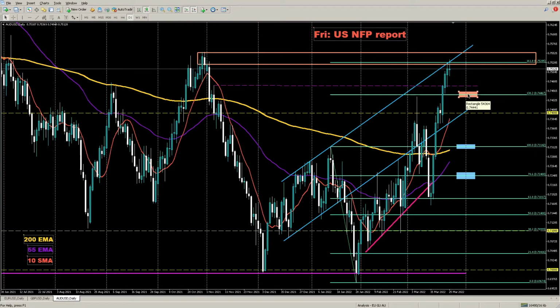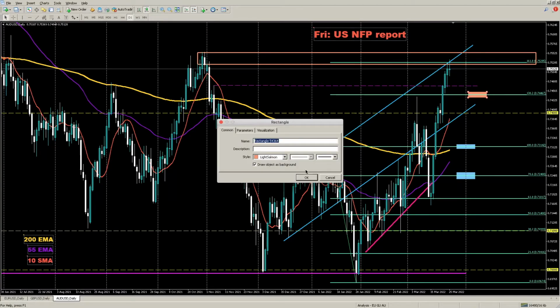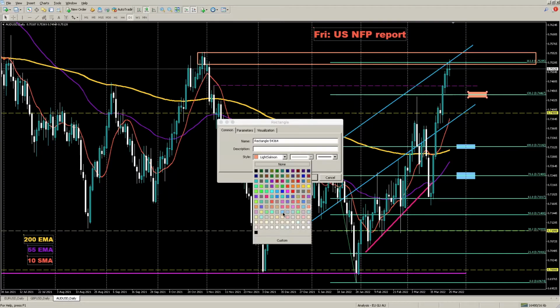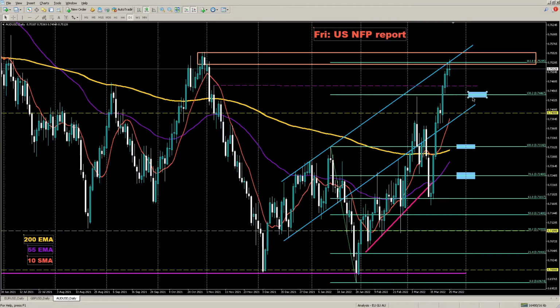So we'll see if this turns into support. This levels here is the major support also. Let's remove this one, as well as this trend line.